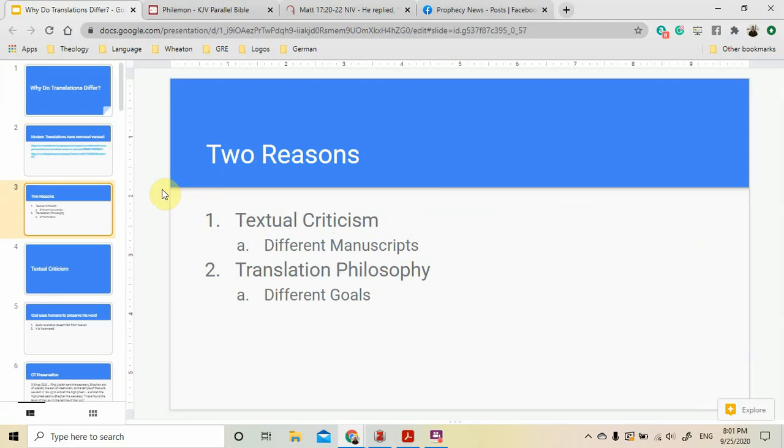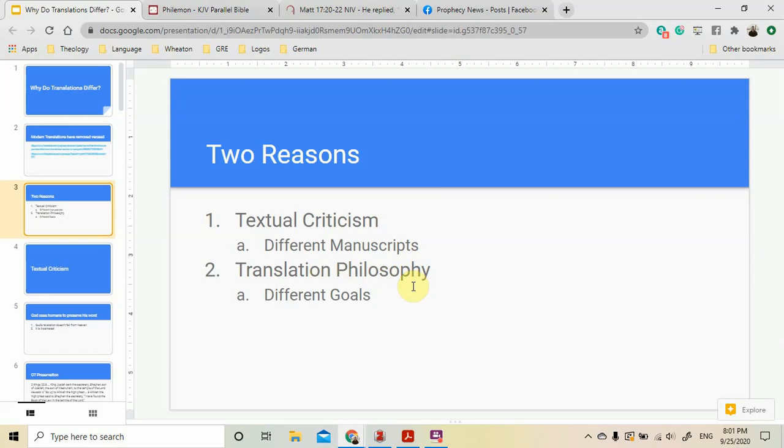Textual criticism looks at all the manuscripts we have of the Bible and tries to come to the original reading. And two, it can be because a translation has a different philosophy, and so they just translate the passage in a different way. And so during this time, I'm going to try to show you how to know.